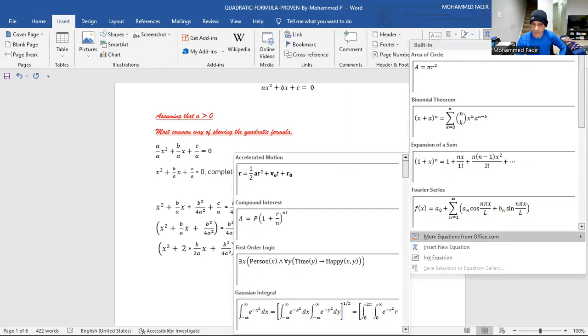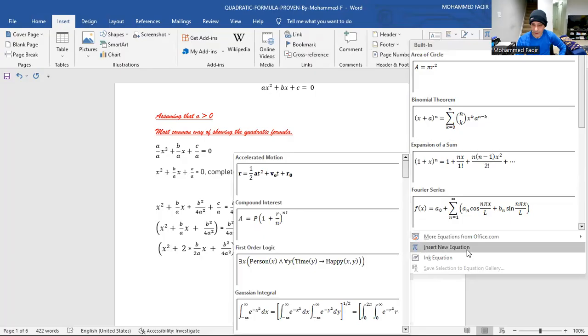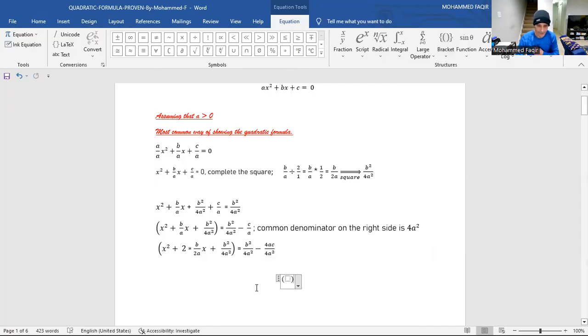Where did I go? I need to get the equation. I'm going to get more brackets. Another bracket here. Okay, and I need this bracket here.